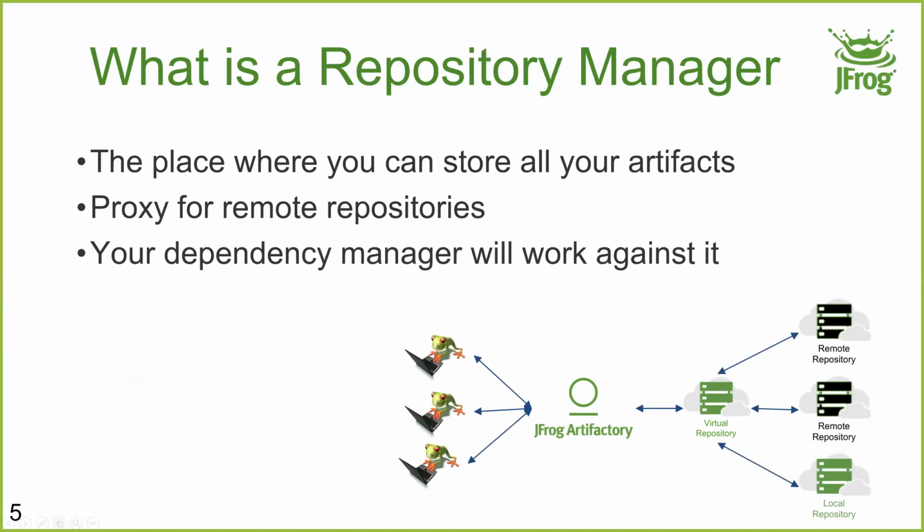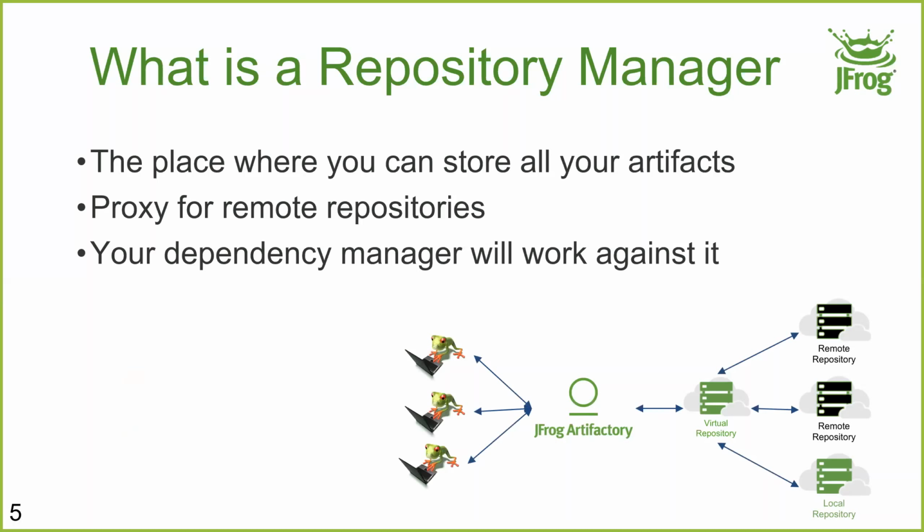I will also show you in the demo that here we have a developer workstation connecting to Artifactory to push and also to pull. But that's also the case for the CI server, for Jenkins, TeamCity, Bamboo, or any CI server. You will be able to perform push and pull.